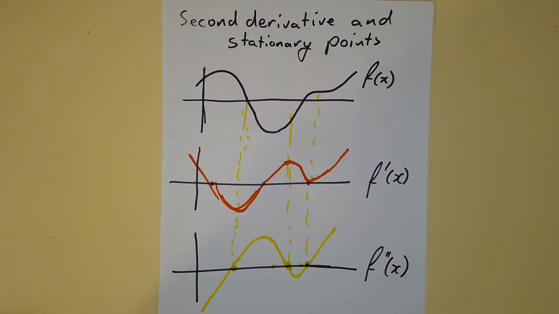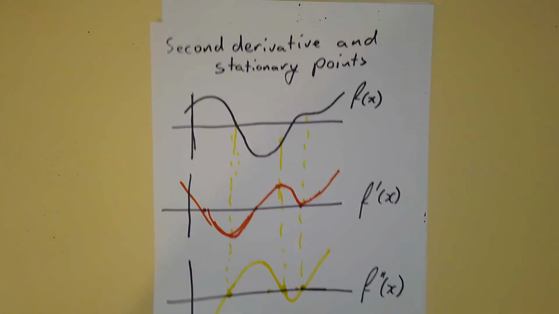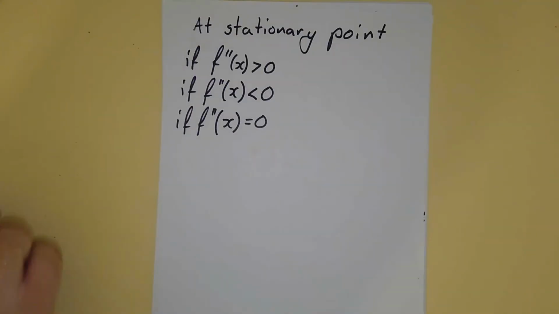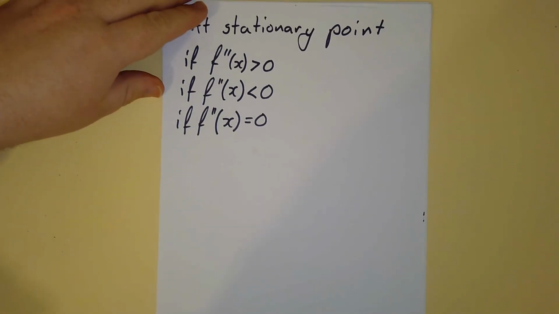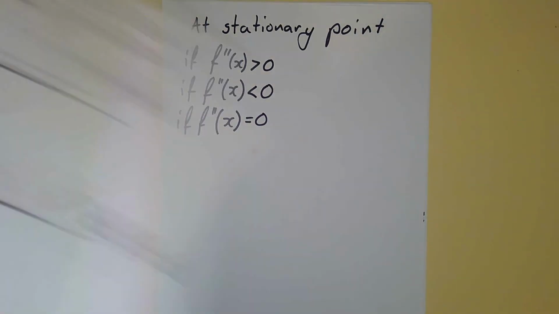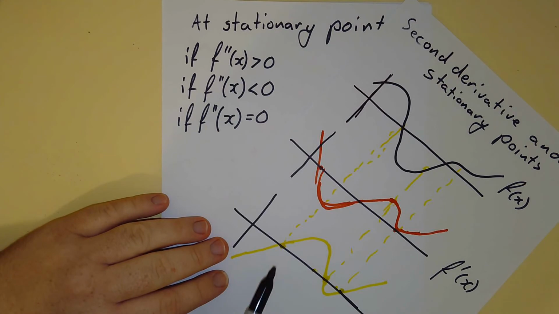So how does that affect what we're talking about when we're talking about stationary points? Well, if we've got our second derivative being positive, let's bring that back over here to look. So during this part here, it's positive.